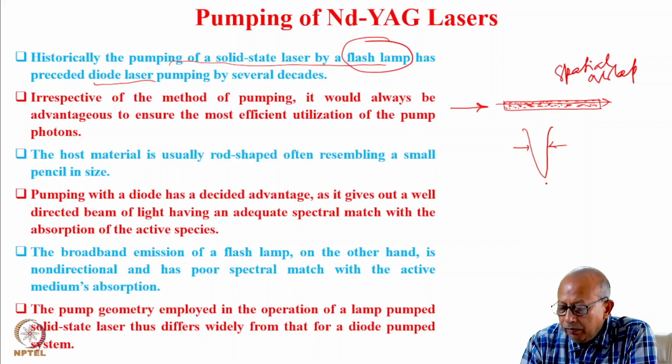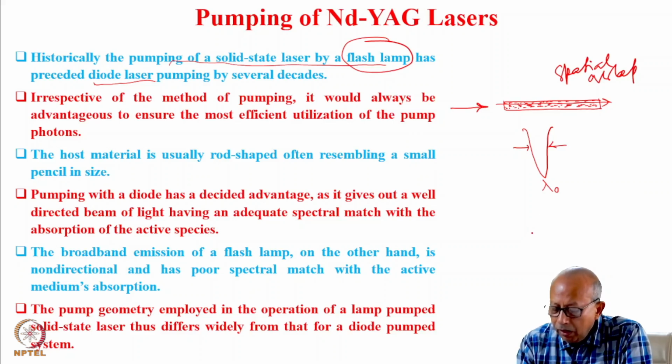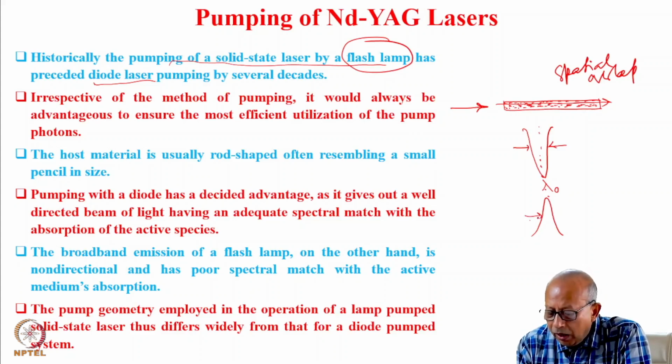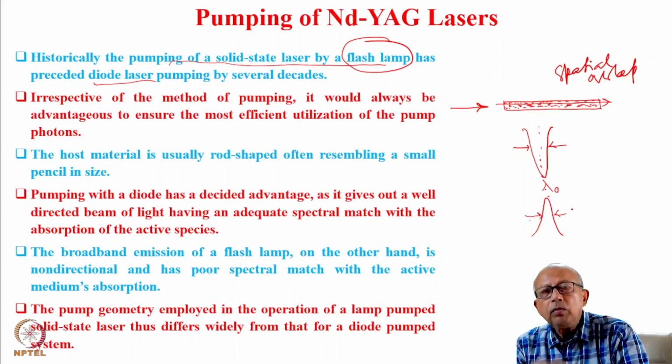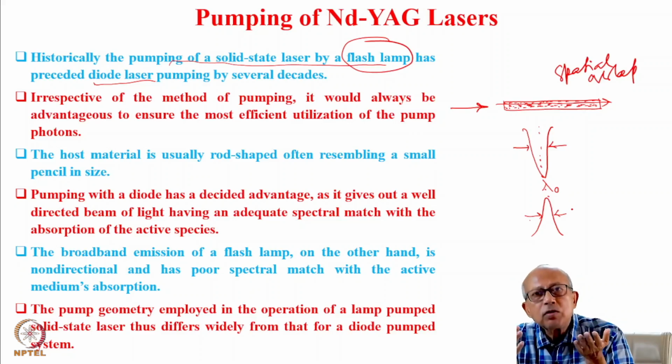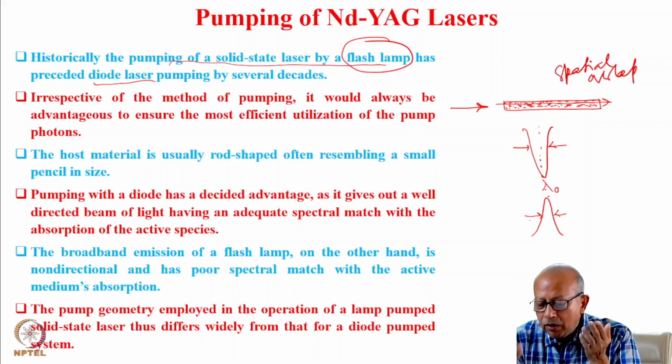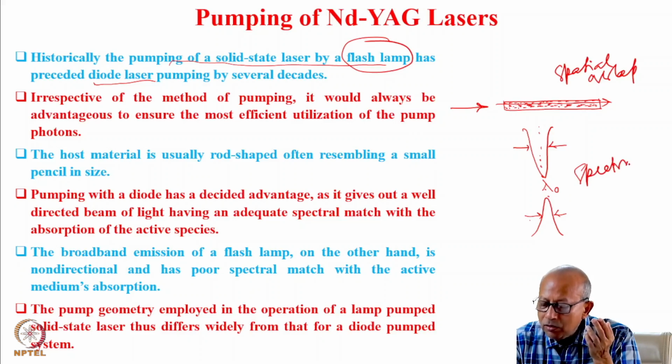This is the absorption wavelength, lambda 0. So you should choose a diode whose wavelength also should match this as closely as possible. And because the diode laser's emission width will be very narrow, it is after all a laser, there will be a good spectral match as well, spectral overlap.